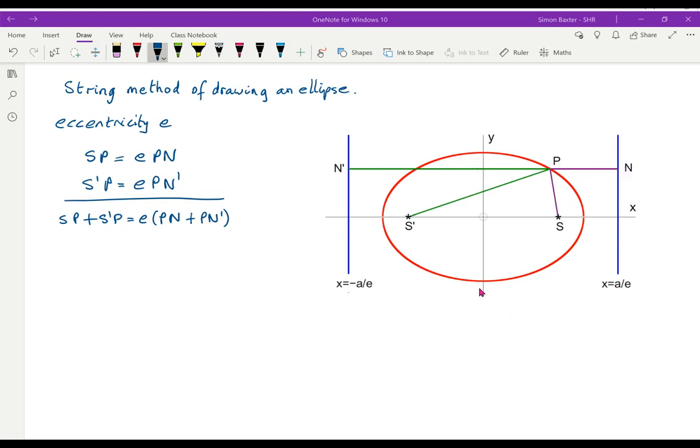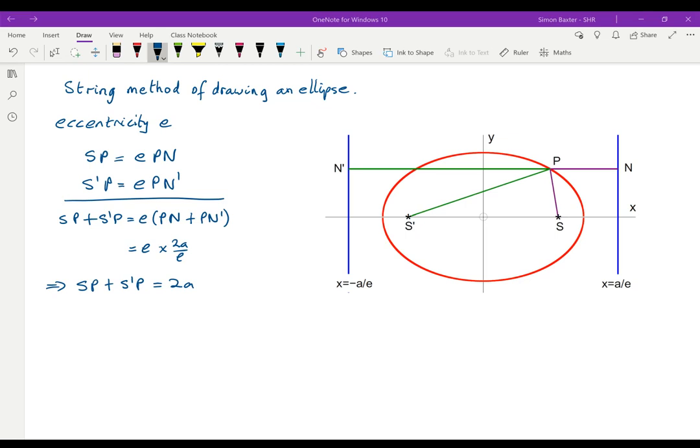A over e that way, a over e that way, the total distance is 2a over e. So that's e times 2a over e, which tells us that SP plus S dashed P is 2a. The important thing is that this is constant. And this is the result that we're going to use to draw an ellipse with a piece of string.